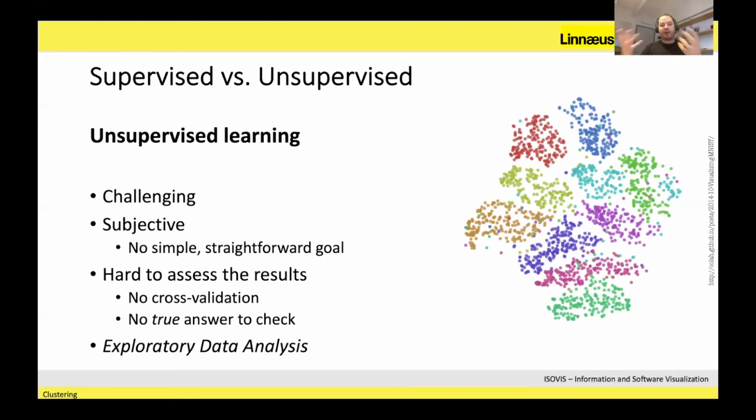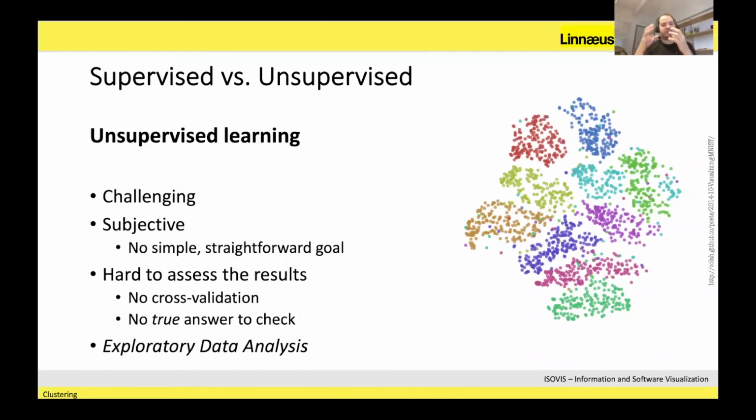However, there is no simple, straightforward goal as we have with supervised learning. So we come up with the goals ourselves instead of having a predefined goal as a response variable. We must come up with creative, interesting goals to optimize for, and then optimize for that. For example, I want to optimize the separation of the points. So I come up with this goal, and then I optimize for it, and then I find out the clusters. But how to define separation of points is something you must come up with.